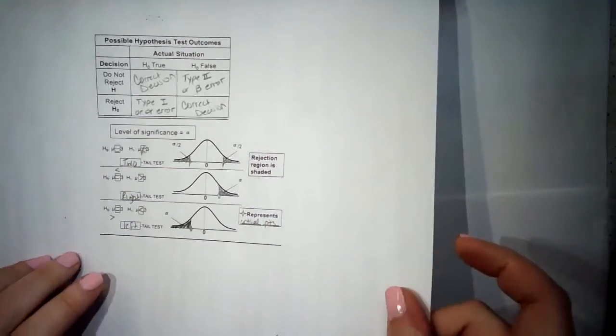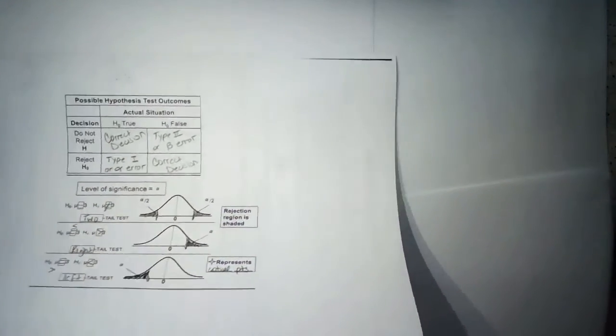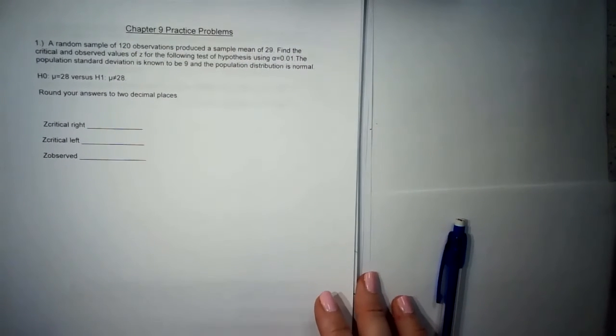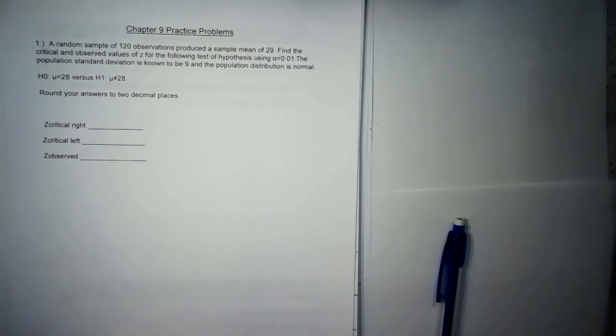Okay, we ready? So we're going to do number one. Whenever we're doing examples, you have to decide three things for every example. First, which page are you going to be on? Is it sigma known, sigma unknown, or proportion? Once you figure that out, you have to decide whether it is a p-value approach or a critical value approach, because there are two ways to do hypothesis testing.